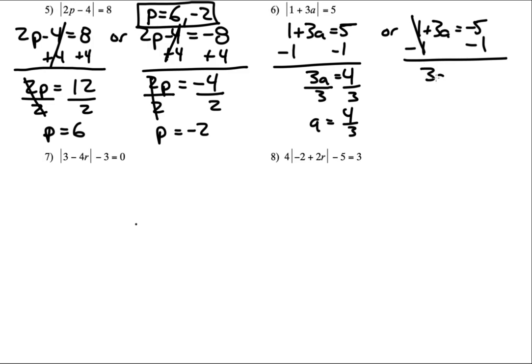I'm left with 3a equals negative 5 minus 1, which is negative 6. If I divide both sides by 3, the 3's cancel. I'm left with a equals negative 6 over 3, which is equal to negative 2. So my final answer is going to be, I'll put it up here, a equals 4/3 or negative 2.